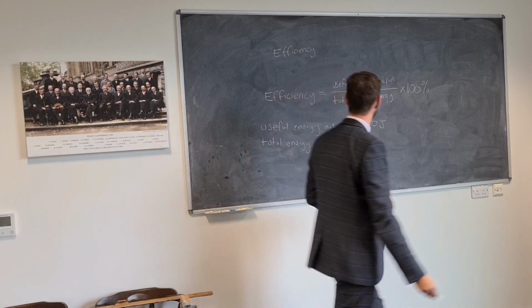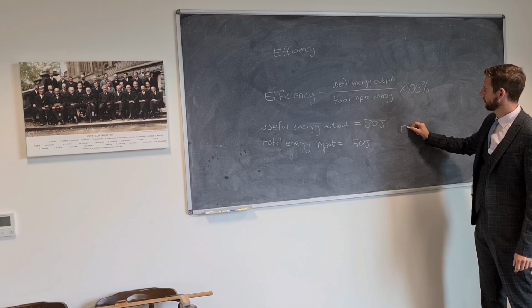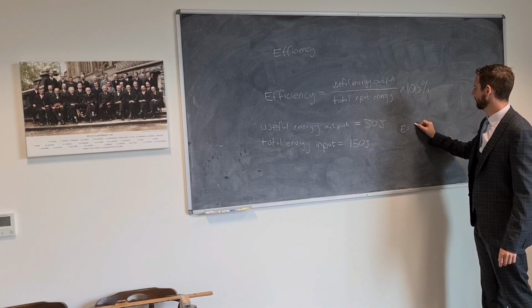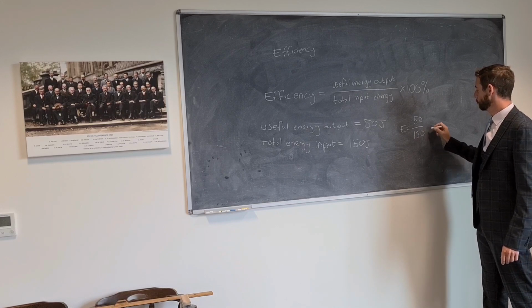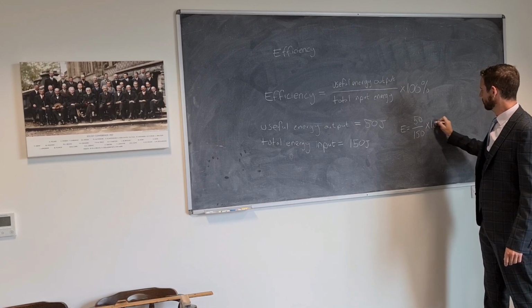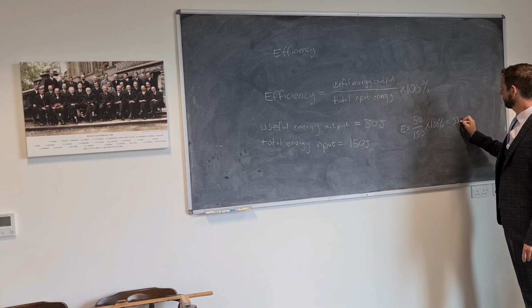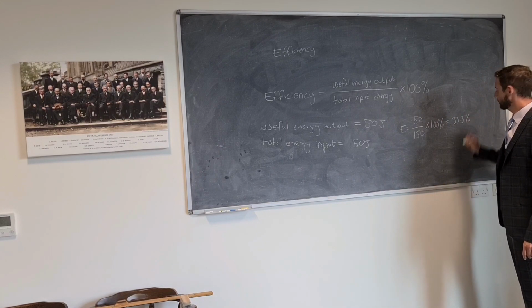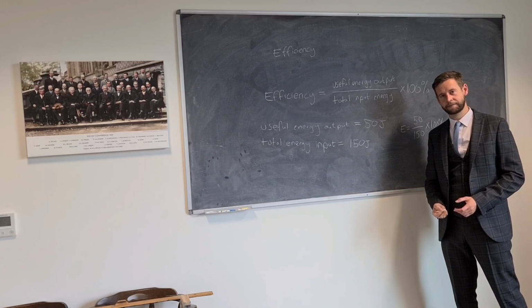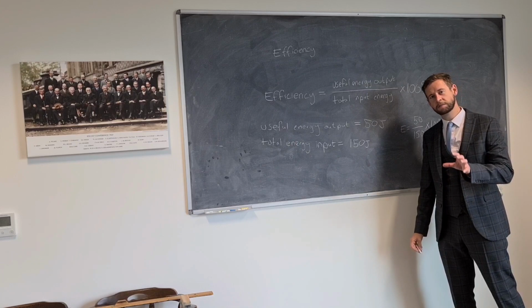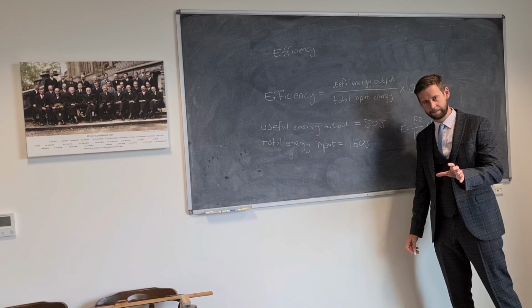My calculation would be 50, so my efficiency would be 50 divided by 150, which is equal to 1/3. So times 100% would give 33.3% efficient. That is how we calculate it. But I think we now need to look at some specific examples to make this really clear.